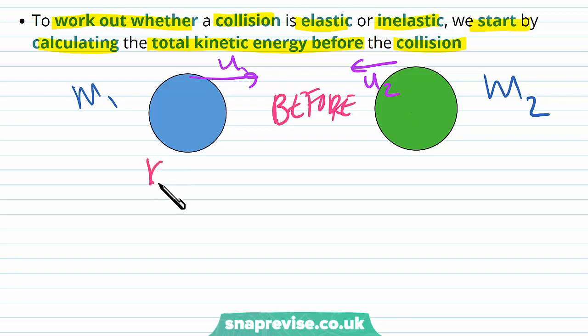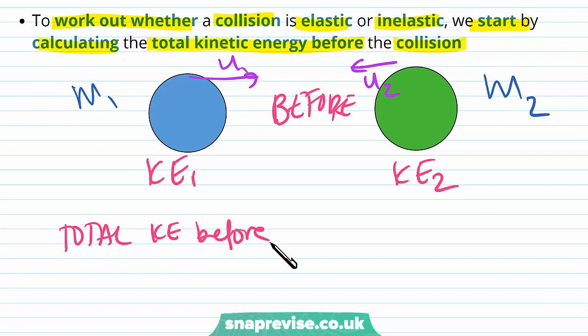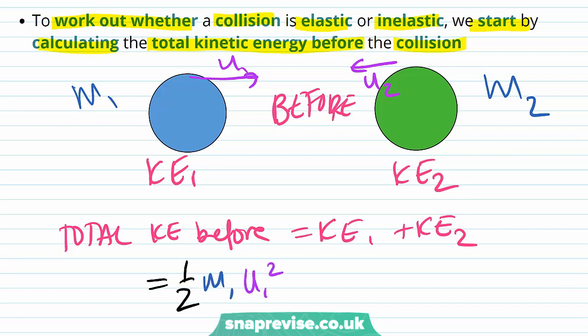So we can find their kinetic energy before the collision, KE1 and KE2. So the total KE before is going to be given by the sum of KE1 and KE2, and we've just found an expression for this. We said it's equal to a half m1 u1 squared plus a half m2 u2 squared. So that's our total kinetic energy before the collision.